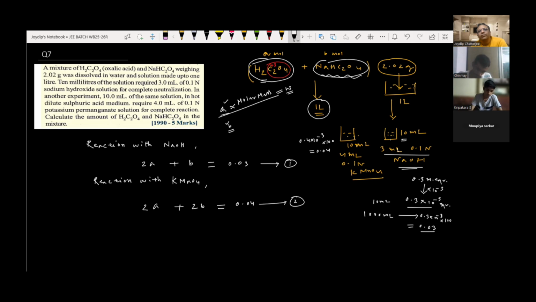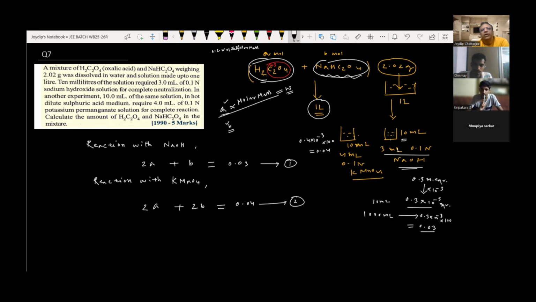Sir, can you tell it again? Yes, definitely. Suppose I'm just giving you one example. Suppose the number of moles of C2H2O4, oxalic acid, is 0.2, or whatever you are calculating. When you convert mole to mass, just multiply by molar mass.